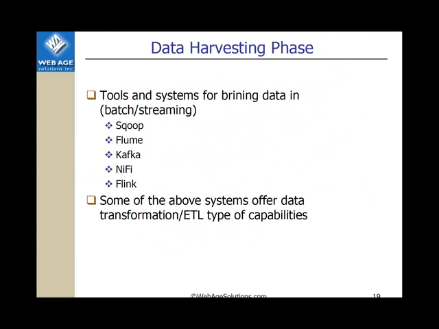But essentially, they help you bring the data into your system. Some of those give you ETL capabilities where you can group your data, split data, or prepare your data so that your model building for your data science projects would benefit.